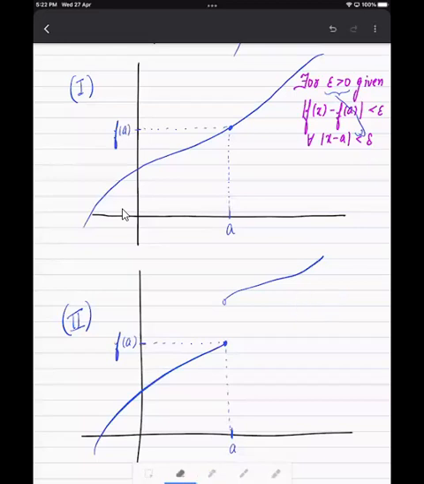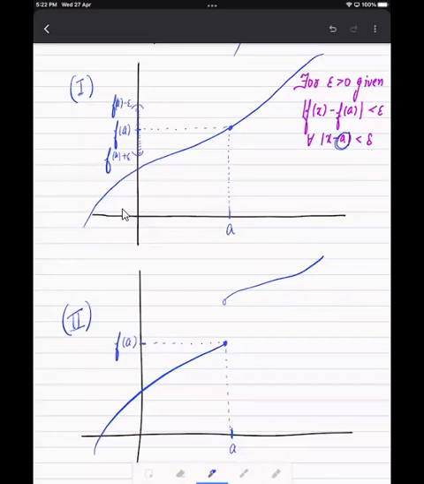So let's say I choose an epsilon of length this much. This is f of a minus epsilon, and this is f of a plus epsilon. So these are the values I have chosen. I have given you an epsilon, now you give me a delta around a.